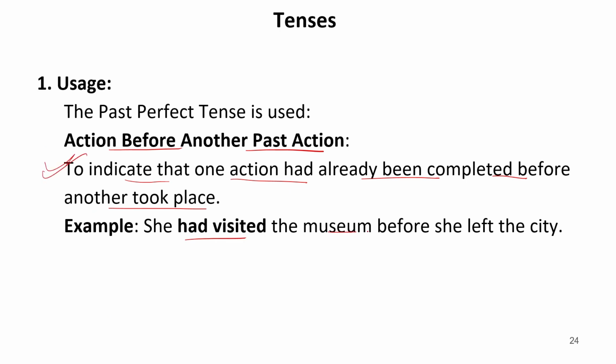She had visited the museum before she left the city. Both of these actions have taken place, but this is the second action, whereas this is the first action. So the first action should be shown in past perfect tense.